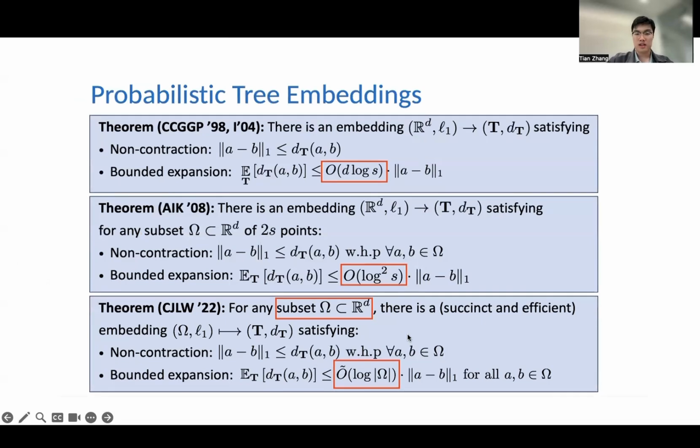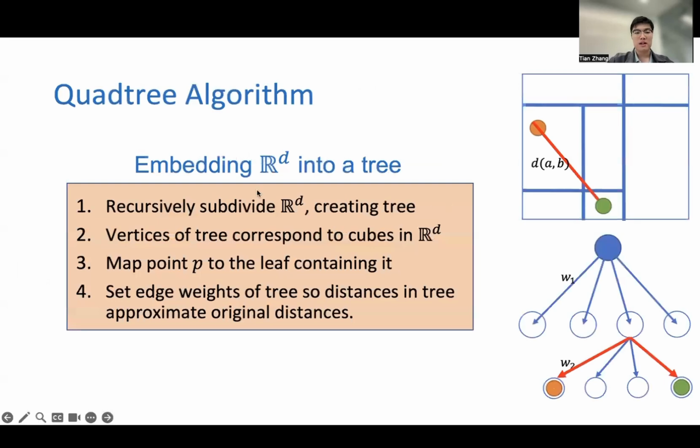So next, I want to really focus on the last two tree embeddings and tell you how they work. Here is a meta algorithm for both tree embeddings. So how do they construct the tree embedding?